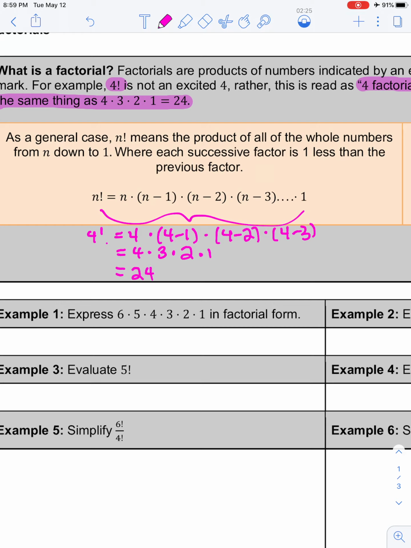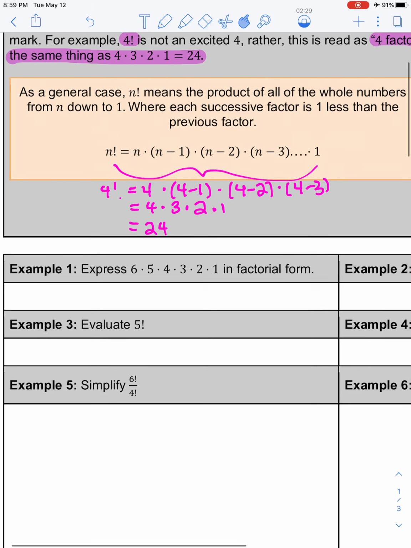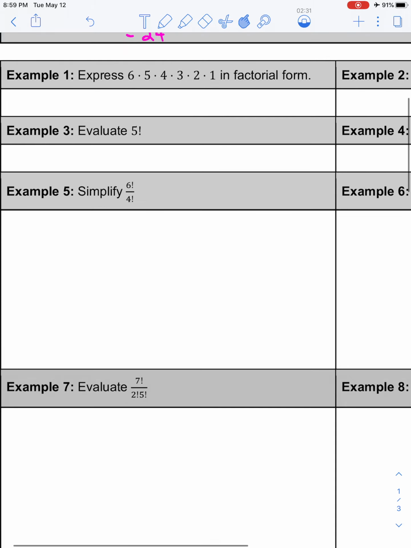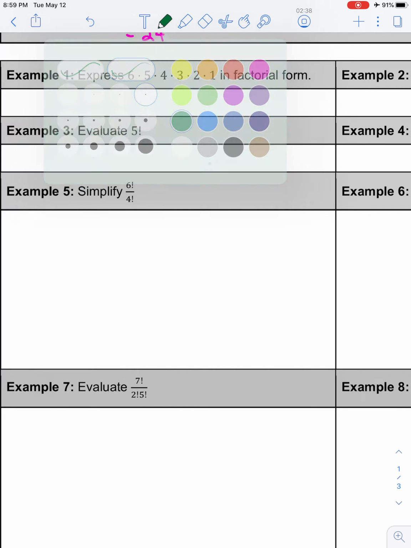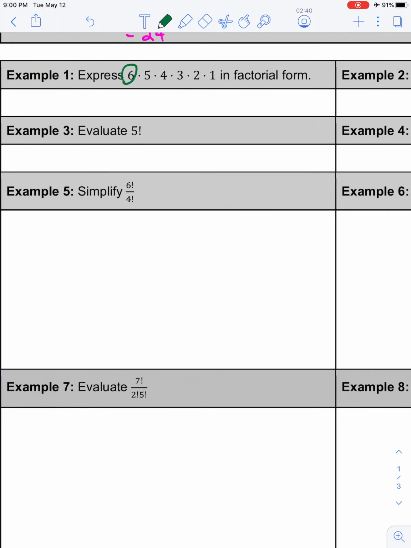Okay, so to get used to this notation, we're going to look at a couple examples of going into factorial form from this extended product. Notice that in example 1, we're starting with 6 and multiplying all the factors down to 1.